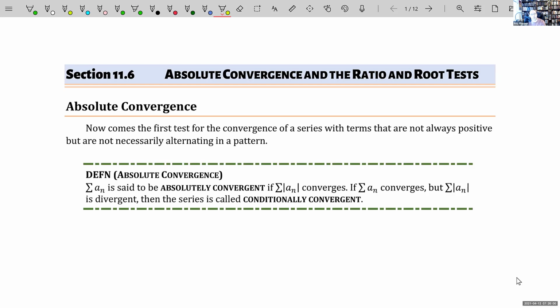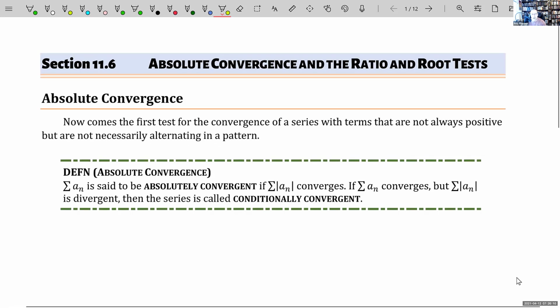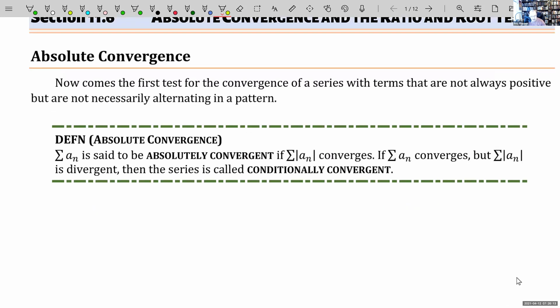It's called absolute convergence. So let's go ahead and start by talking about what absolute convergence really is. Let's zoom in here. Note, this is actually the first test for the convergence of a series with terms that are not always positive, but are not necessarily alternating in a pattern.